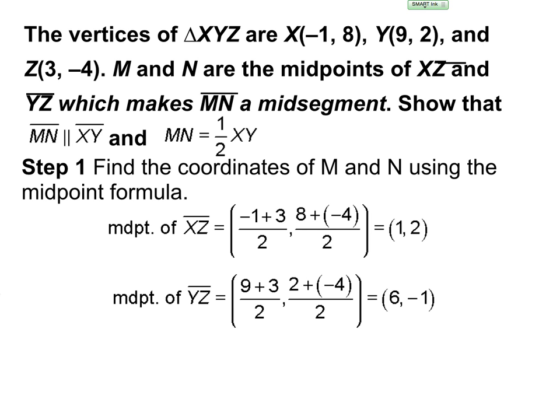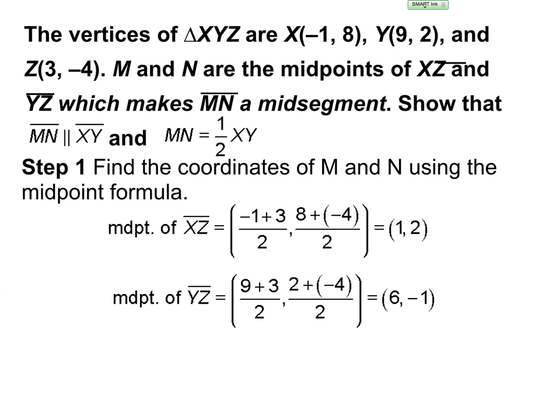Slope, subtract the Y values for the numerator. Subtract the X values in the same order for the denominator. So I'm getting -3/5 when I reduce. Did I do that right?